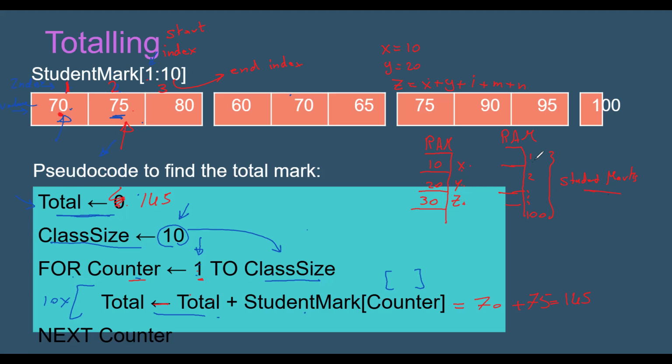I call all these 100 places using only a single variable name. And if I want to access the first location, I use something called an index. I say to the list called student marks, give me position 1. Give me position 2. So it eases my pain if I am dealing with 100 values at the same time. I only need to mention the index.